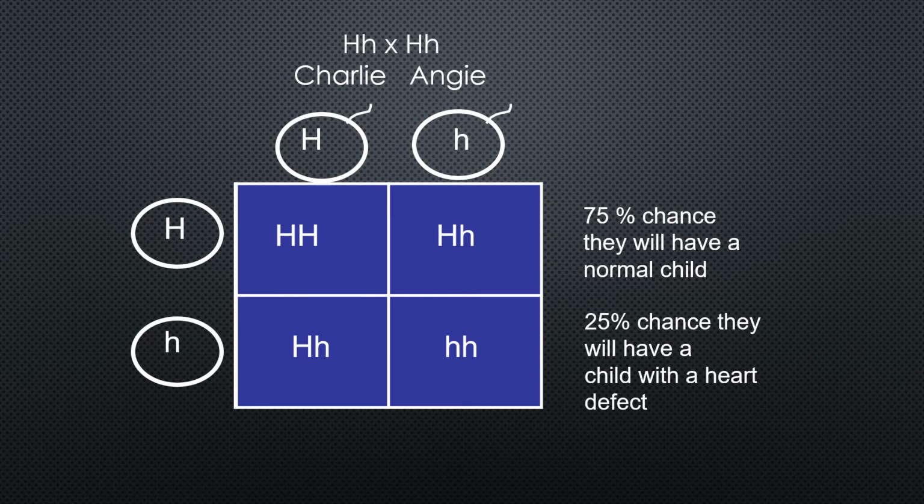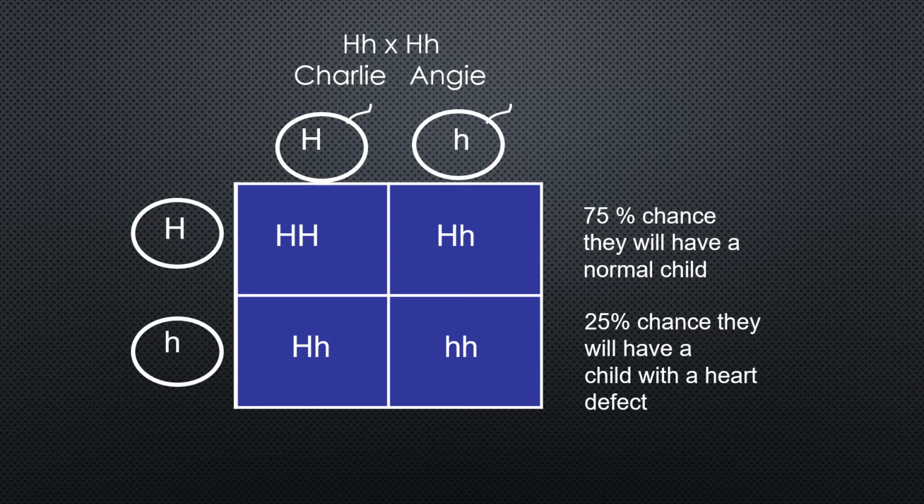So one of Jonathan and Elizabeth's children, named Charlie, is going to come in as a carrier, and he is going to then marry somebody named Angie, and they are going to have children.